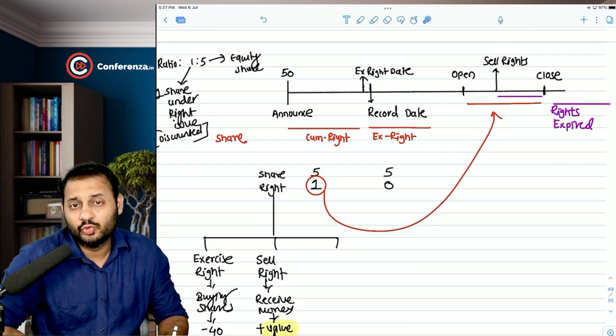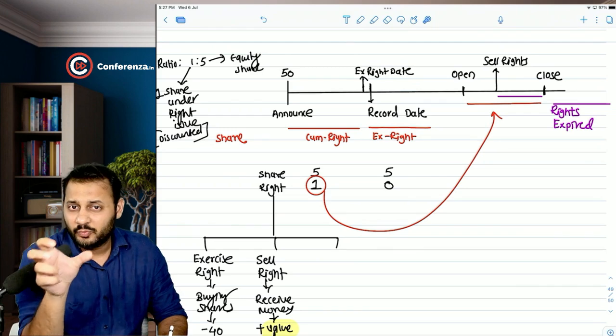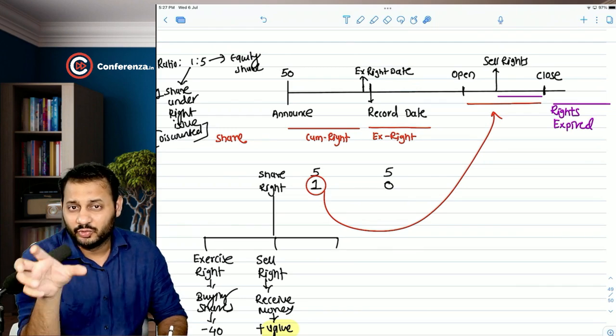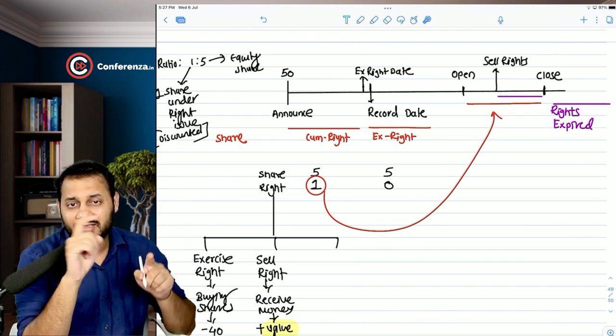It is just like the coupons or vouchers that are issued by some shopping malls, which say that since you have purchased goods or clothes worth rupees 5,000, you are getting a 500 rupees voucher.